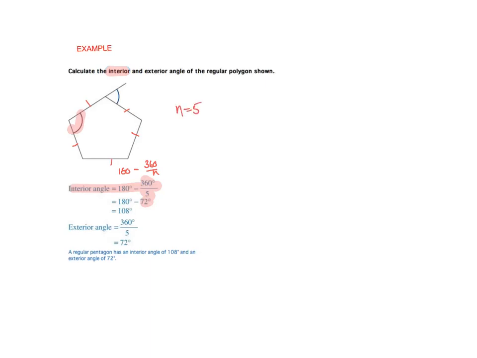And then they've asked you to get the exterior angle here. So they've used the exterior angle rule, which we just saw on the other page, x equals 360 divided by n. Because that's 5, they've used 5 and found out that this is 72 there, and this one is 108.